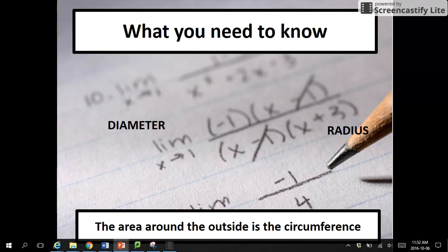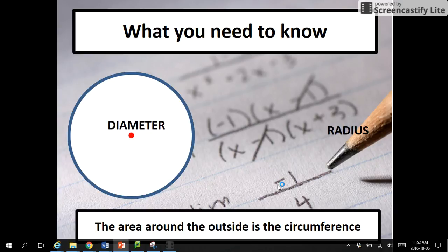Write it down, make charts of it, put it up on the wall, do something because it makes a big difference. So the diameter. Diameter is right through a circle, from that side to that side. So you're cutting the circle all the way across in half.